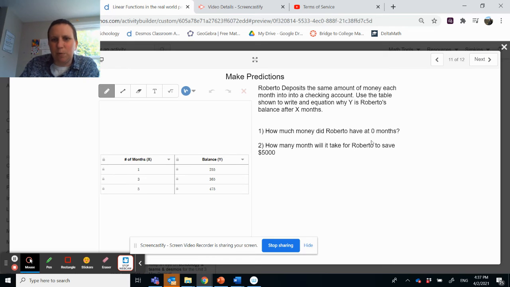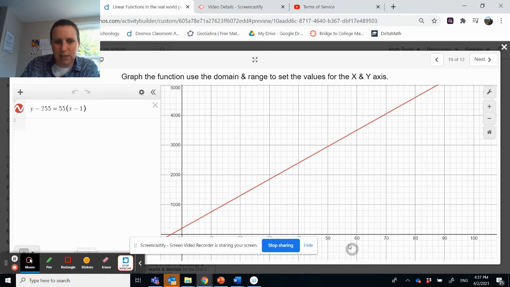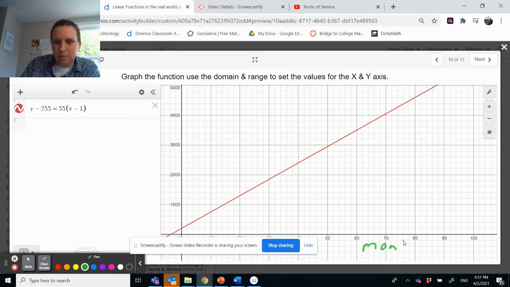How much money did Roberto have at 0 months? All right, so let's go back and use the graph to answer that one. 0 months, that's 0 along the x-axis, because the x-axis here is going to be the months. And the y-axis is going to be the savings.